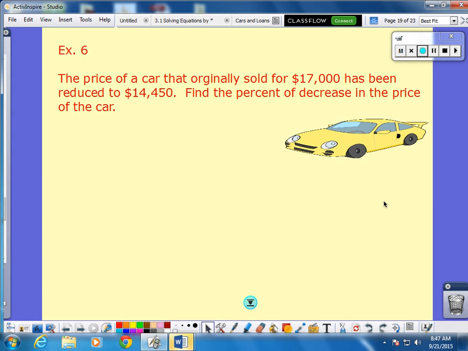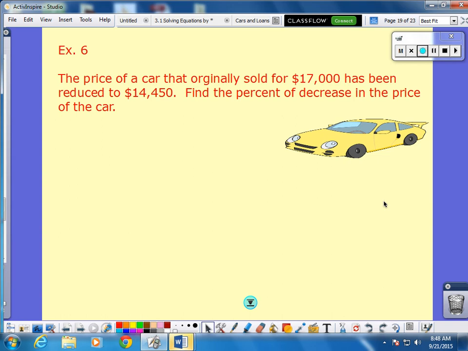All right, so the price of the car that originally sold for $17,000 has been reduced to $14,450. What is the percent of decrease in the price of this car? Now remember, my original is my original, and sometimes it's the largest, and sometimes it's the smallest. This is a percent of decrease, so it's actually going to be the largest number.